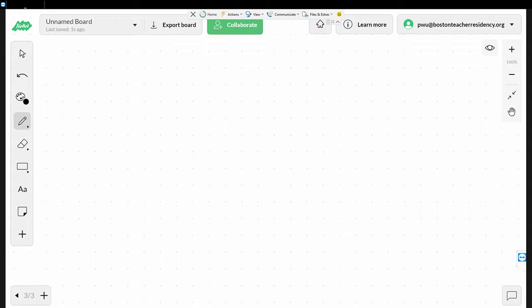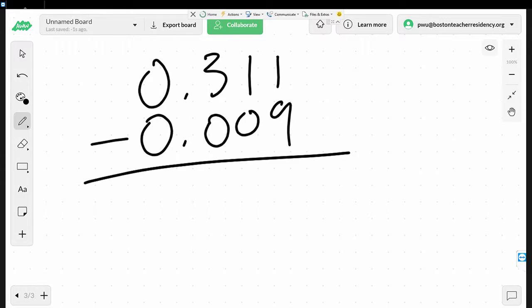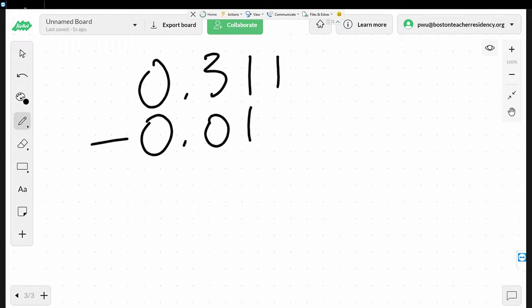So let's say we're subtracting 0.311 minus 0.009. Here, we can't subtract 1 from 9, so we have to borrow. Actually, I'm going to change my problem a little bit to make it more interesting. 0.311 minus 0.019.